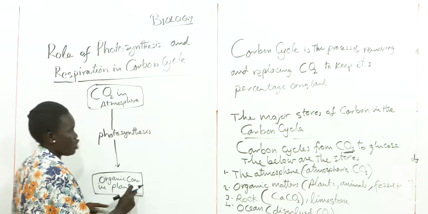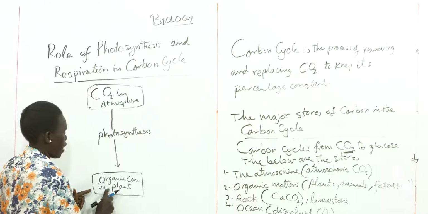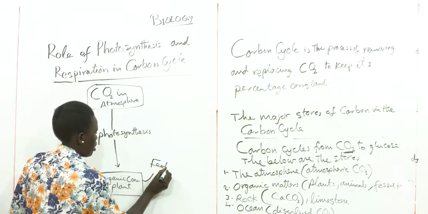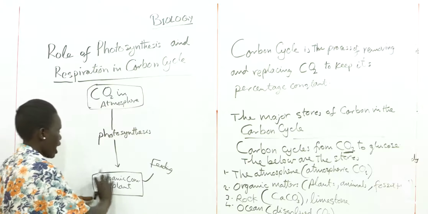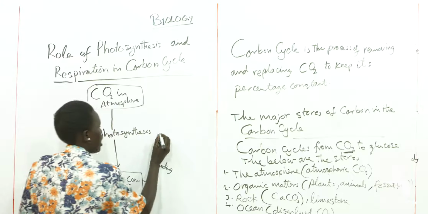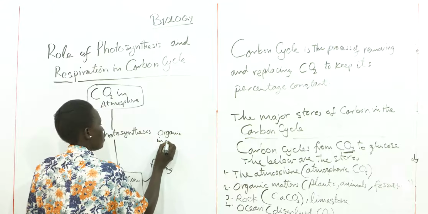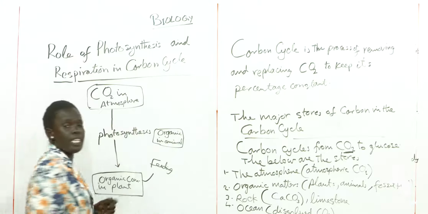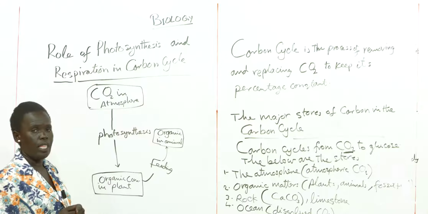Then, when this glucose is prepared, an animal comes to feed on this plant. If the animal feeds on the plant, that means the organic compound from the plant is already transferred to the animal. Here, organic compound in animal. And this animal breathes.